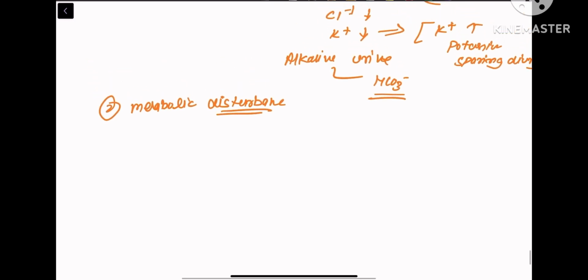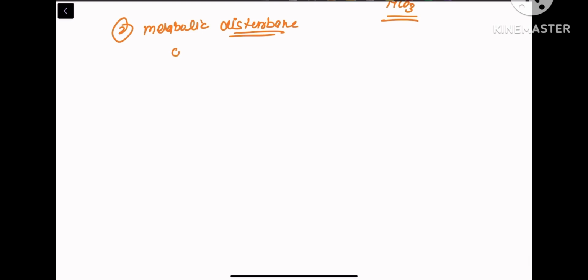What are the metabolic disturbances? Glucose will be increased, lipid will be increased, hyperuricemia. Okay.